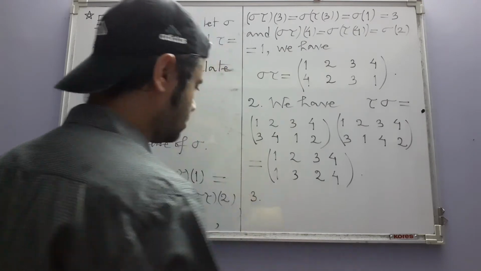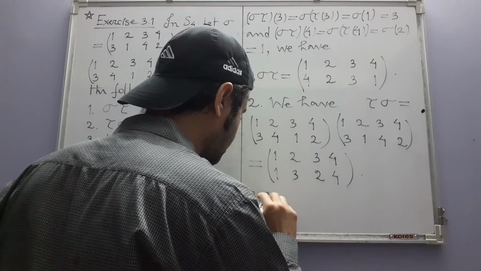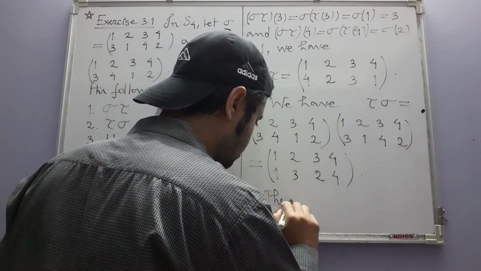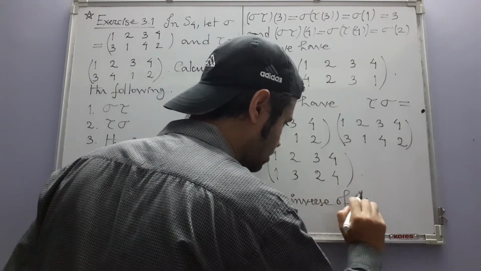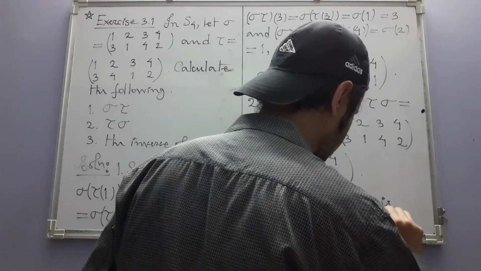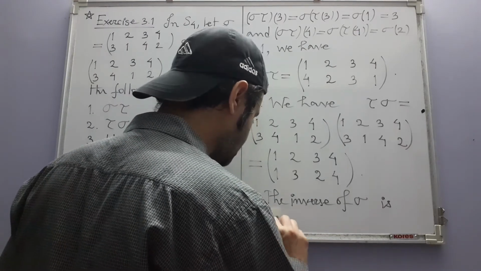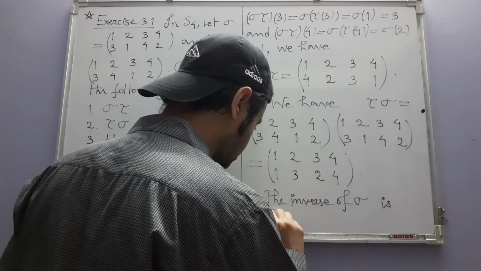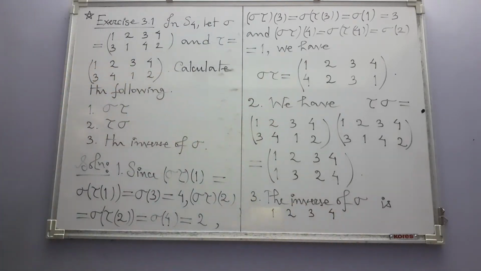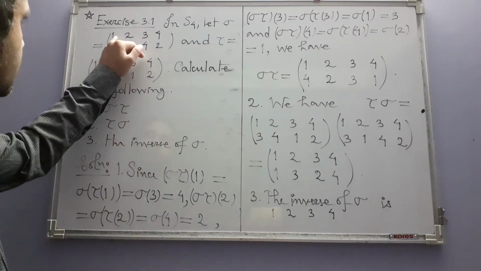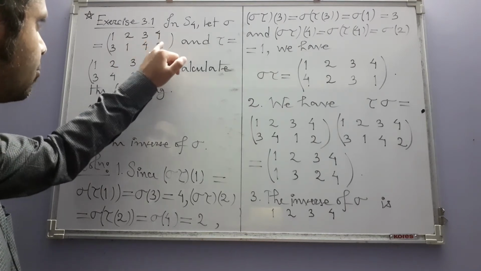And for number 3, we argue like this. The inverse of sigma is, okay, I think this much space is enough. 1, 2, 3, 4. So sigma takes 1 to 3, 2 to 1, 3 to 4, and 4 to 2.